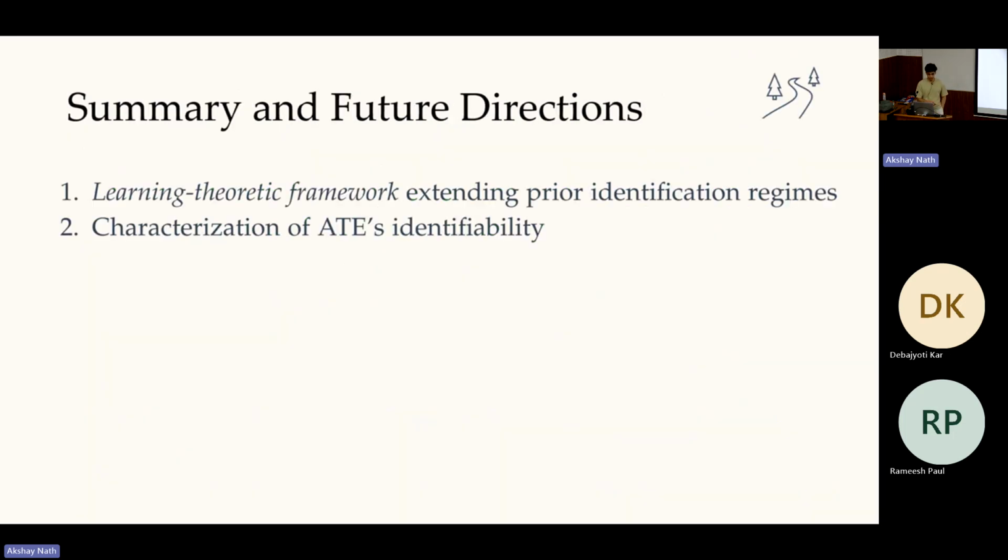In this work, we presented a learning theory inspired framework for identifying average treatment effects that extends the regimes in which we could identify them before. There are several interesting directions here.